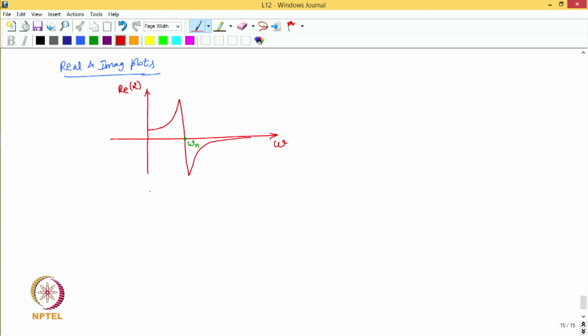And if we look at the imaginary part, then that looks something like this. That reaches its peak value at omega equal to omega n, like this. So, this frequency where it peaks is omega n.